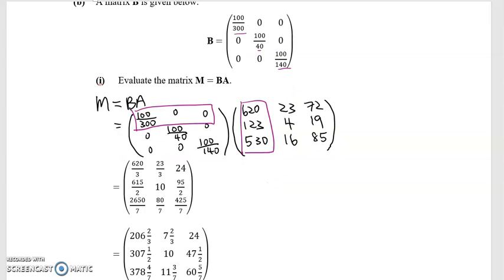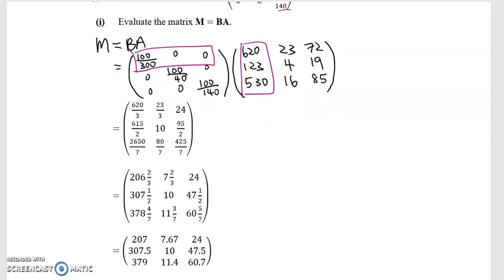And we have this. After doing the matrix multiplication, this will be our answer. So each of it, what do they actually mean?